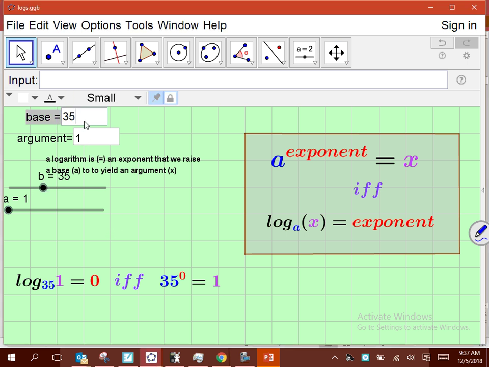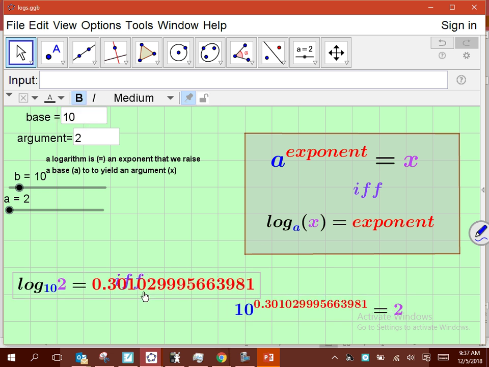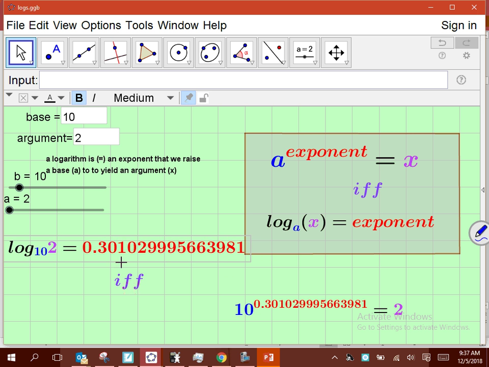All right, now my base can be anything, my argument can be anything. Let's say my argument is 2 and my base is 10. Let's think about how this works. When I think about taking 10 and raising it to the first power, we usually think about our exponents as integers, positive or negative whole numbers or 0.